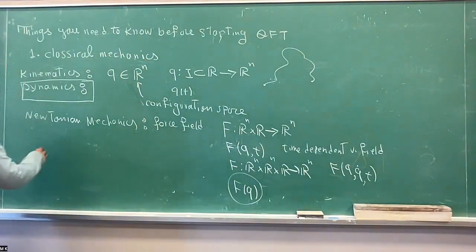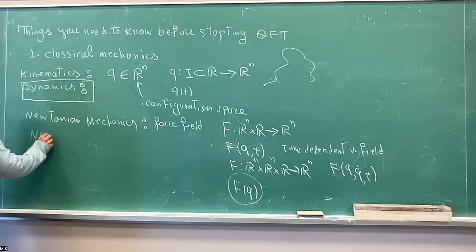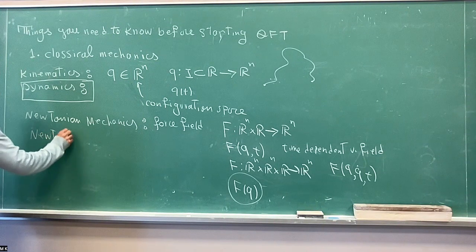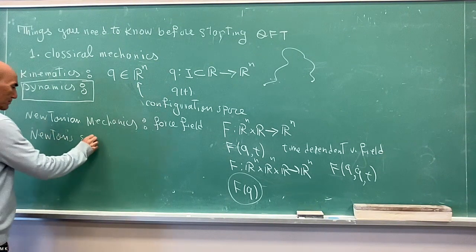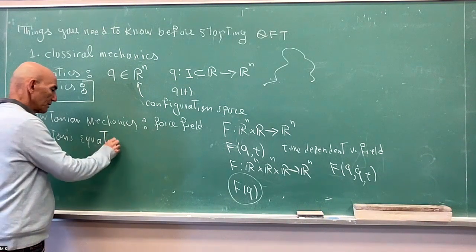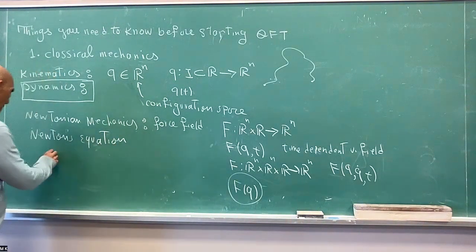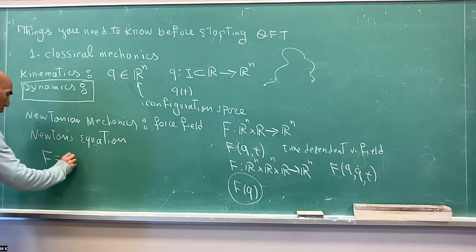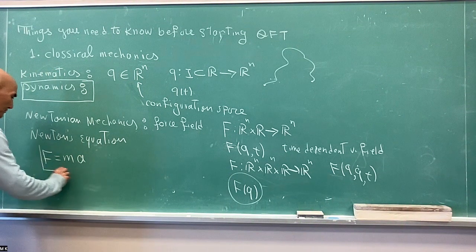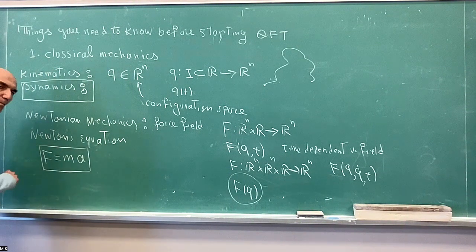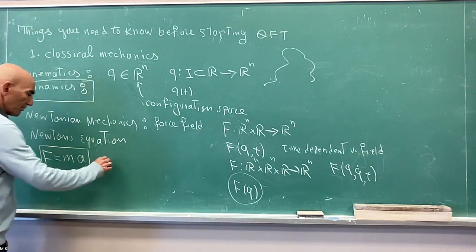So then we have Newton's equation. Basically, it's F equal to ma. This F, of course, is our force, and a is acceleration.